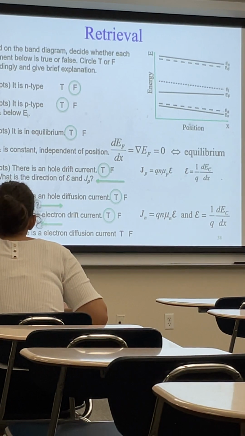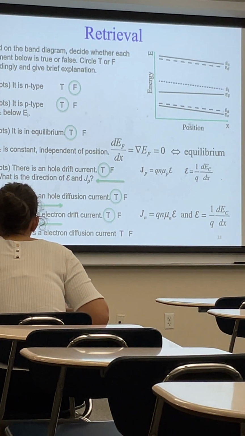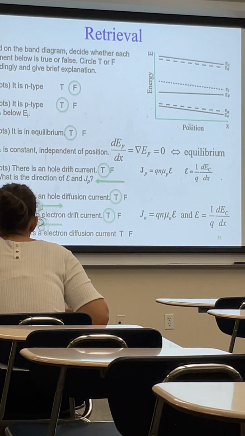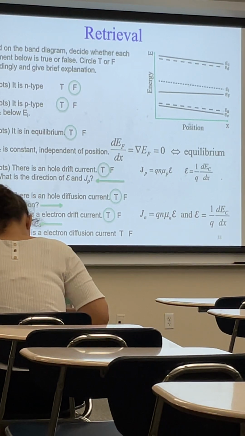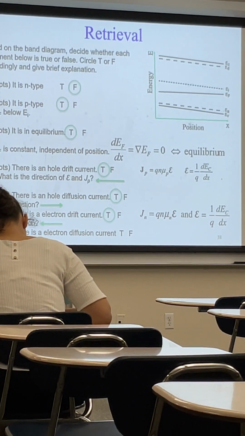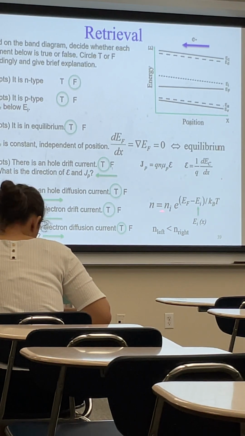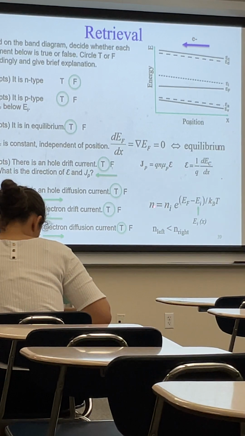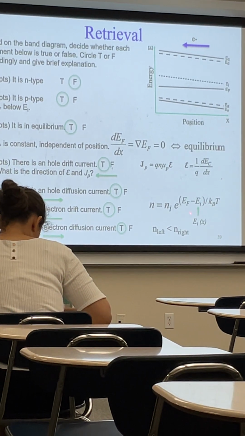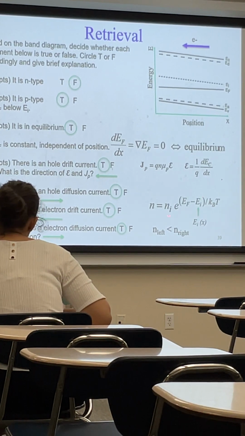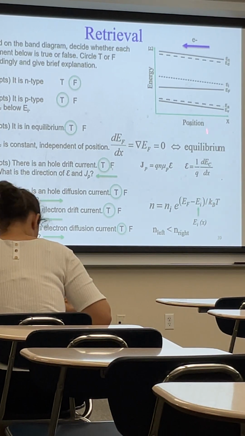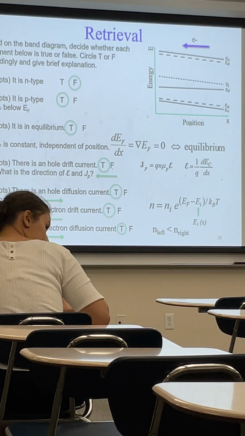And the last one: is there an electron diffusion current? True. So there must be a concentration gradient, right? You can also use this equation here, the expression for electron carrier density. Again, EI is changing, and if we do a simple comparison, you will see the electron concentration is higher on the right side.